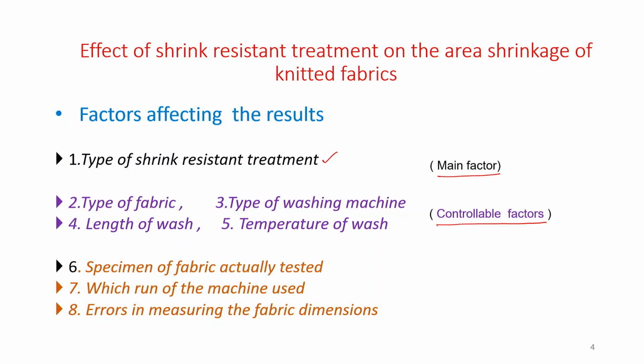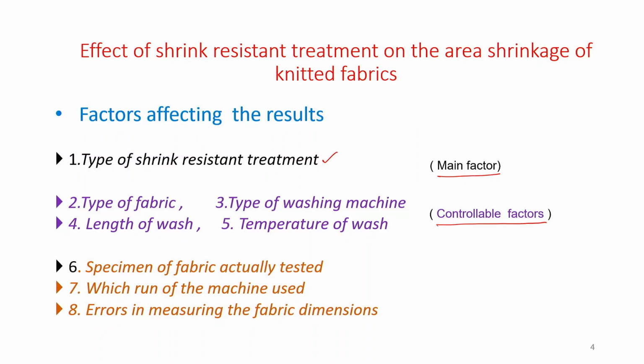We can make sure that while performing the experiments, we keep them constant. We don't change them. Like length of wash, we can fix the length of wash. It will not vary from fabric to fabric, or fabric specimen to fabric specimen. We can keep it fixed at 10 minutes or 20 minutes, whatever it is.